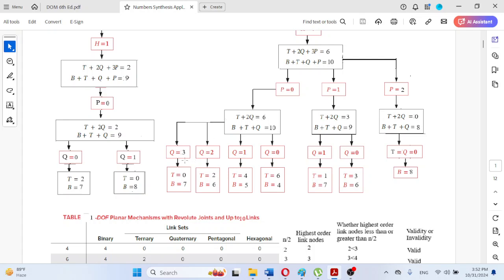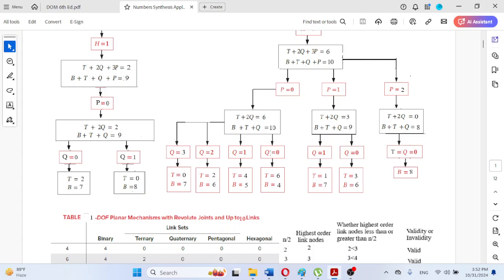So that means only these values are valid for the quaternary link. And why did we start from the quaternary link? Because in this set of equations of ternary and quaternary set, the quaternary link is the highest order link.